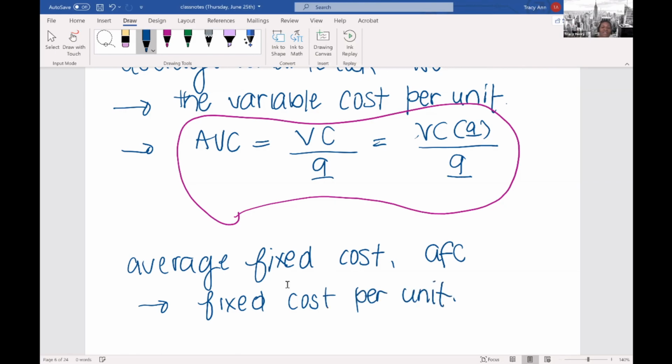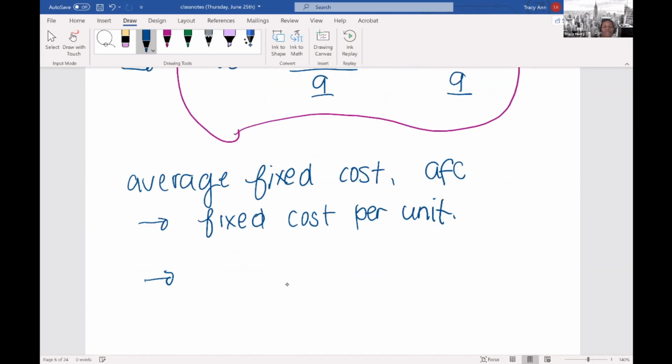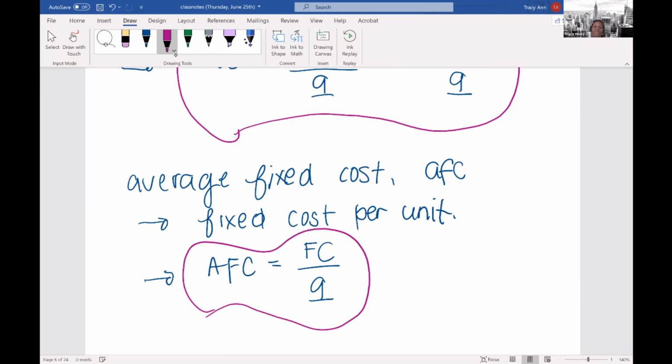You can calculate your average fixed cost to be equal to your fixed cost divided by quantity. And this is a dollar amount. Right away, you should be able to notice that your average fixed cost decreases with quantity, because your numerator, which is fixed cost, is going to remain fixed. And as your denominator increases, your average fixed cost is just going to decrease with quantity.